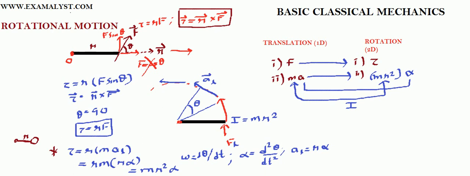So consider this string is of negligible mass. For this thing, this derivation is valid, because when I have written only mass, I only mean the mass of the thing that is at the edge where the force is getting applied. I do not consider the complete mass of the thread, since the thread is massless.